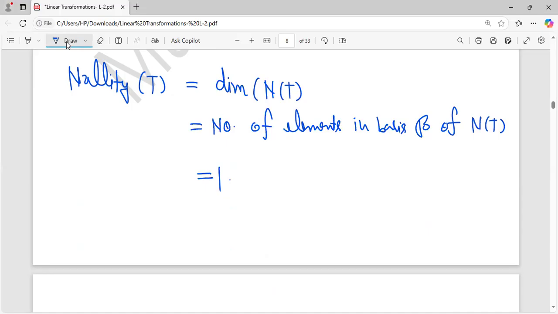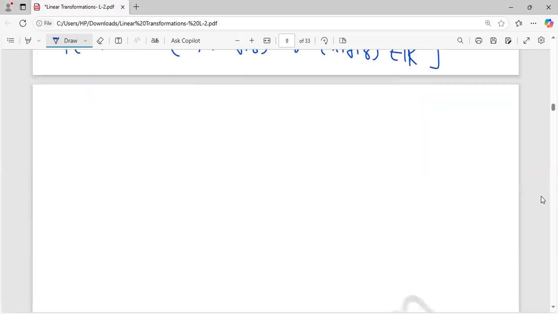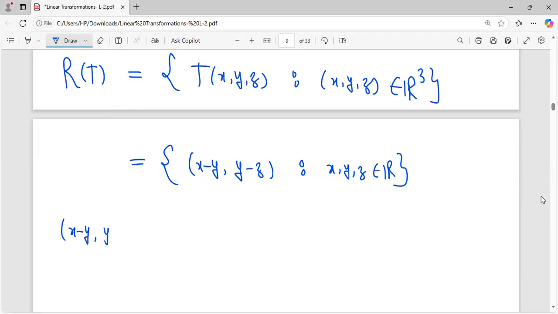Now what is the range of T? It is (x minus y, y minus z).